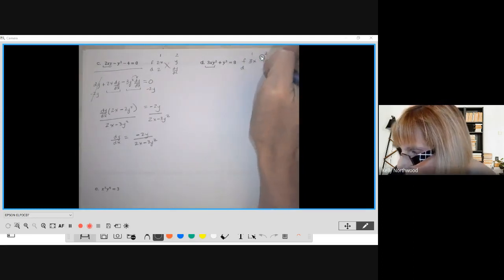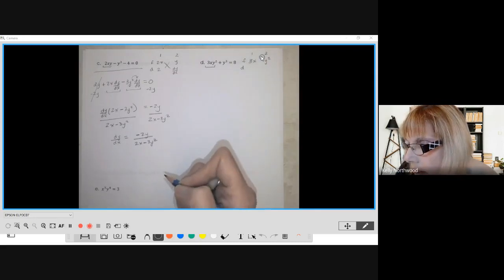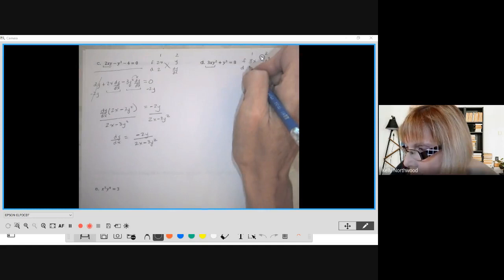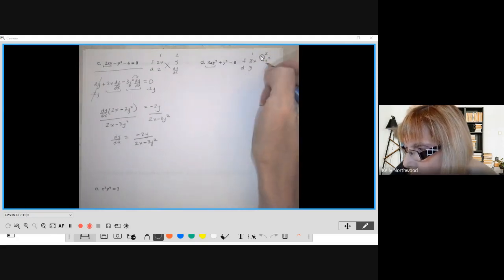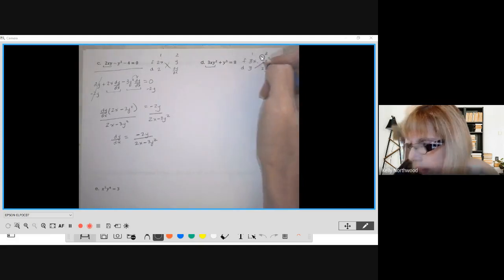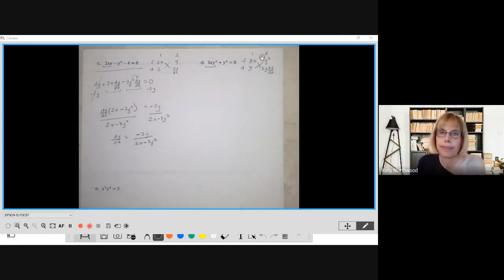Your second one's y squared. Derivative of 3x with respect to x is 3. The derivative of y squared with respect to x is going to be 2y times dy by dx. And then we're going to use the product rule.